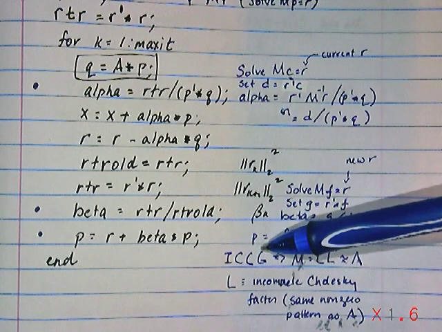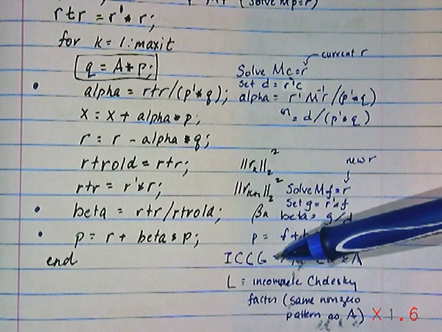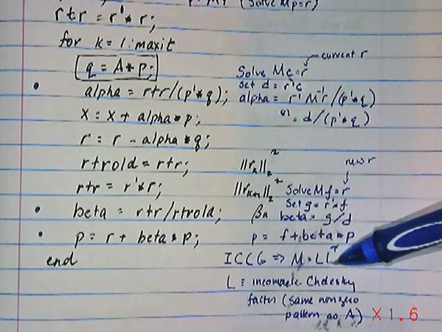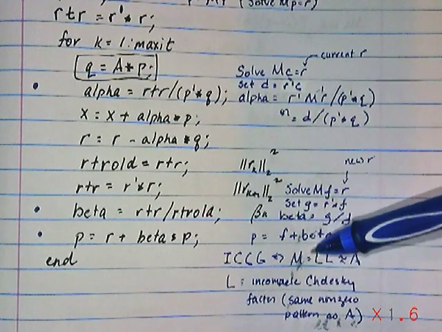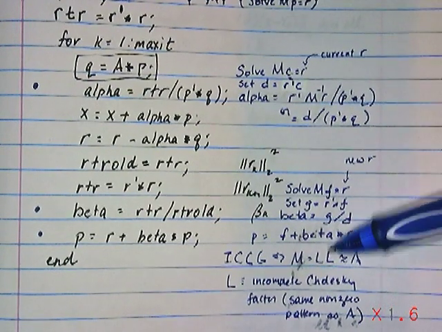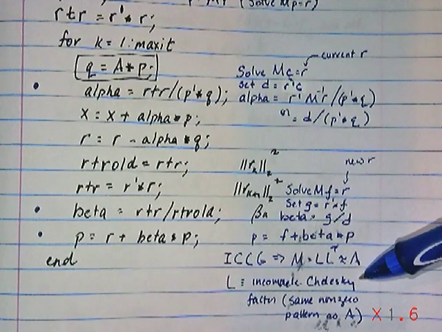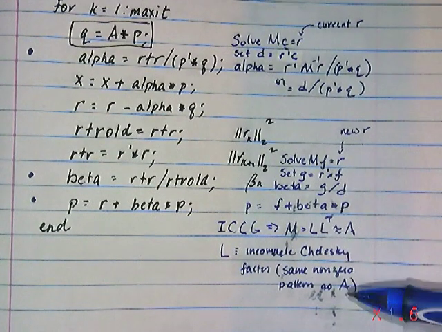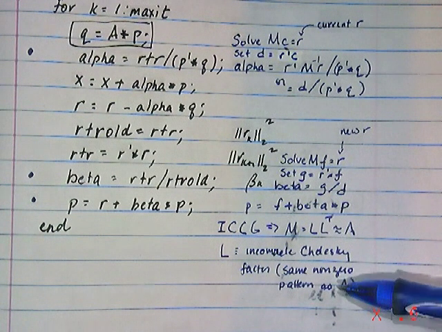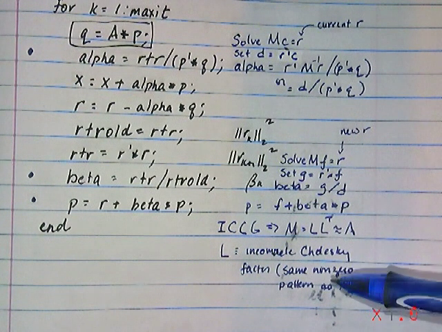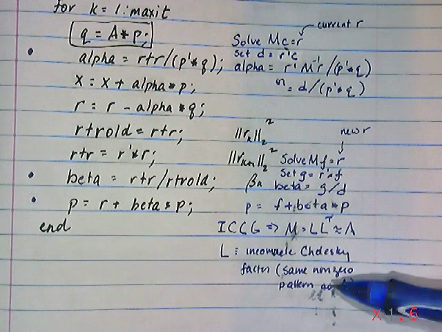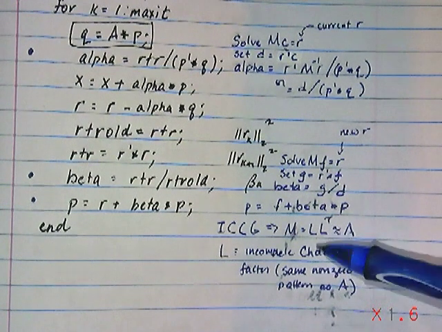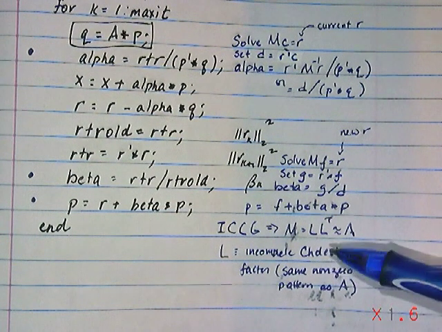ICCG, which is incomplete Cholesky CG, is this technique where the preconditioner again is Hermitian, in this case symmetric positive definite itself, and the L here is what we call an incomplete Cholesky factor. It would be doing the same Cholesky procedure we normally would do to factor a symmetric positive definite matrix, but this L is going to be much sparser because you don't allow any fill.